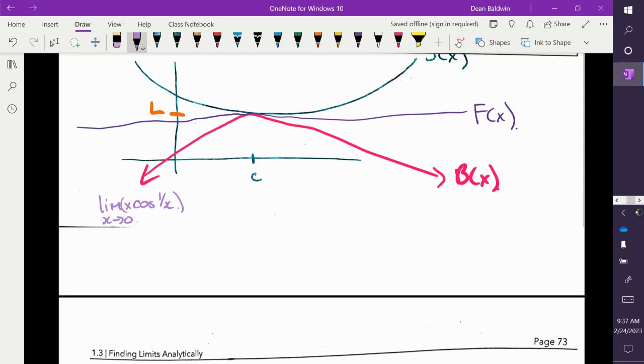Well, I can't sub in 0, can I? No. But this is why we like trig functions. For every single sine and cosine function, no matter what this is, 1 over x or x squared or whatever, what is cosine or sine always between? 1 and -1.